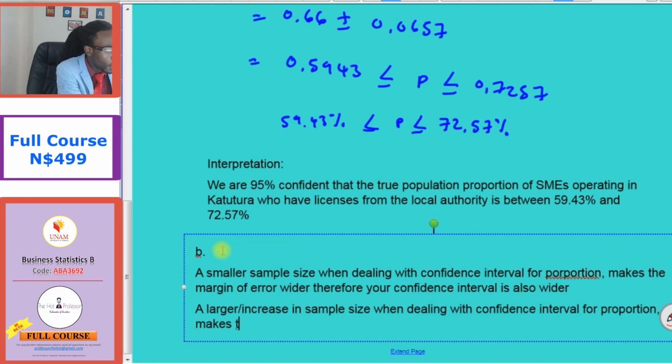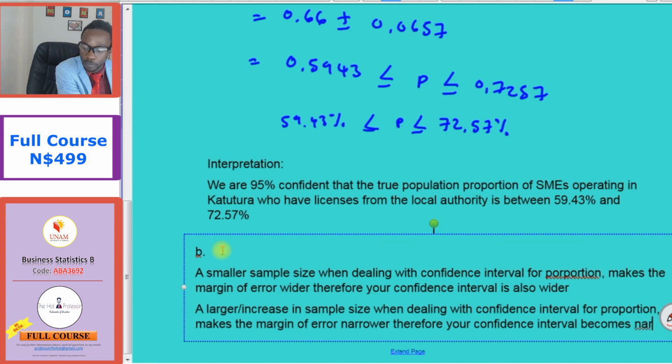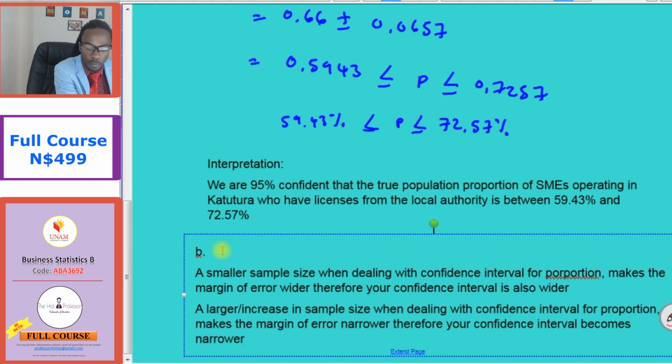It makes the margin of error narrow, or narrower if it's starting from somewhere. Therefore, your confidence interval becomes narrower as well. So that's just the relationship. A bigger sample size, narrow confidence interval.